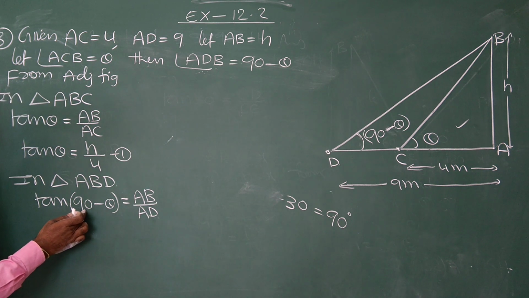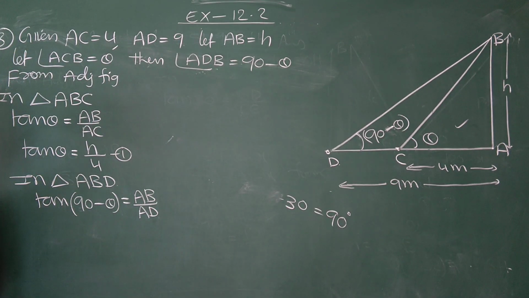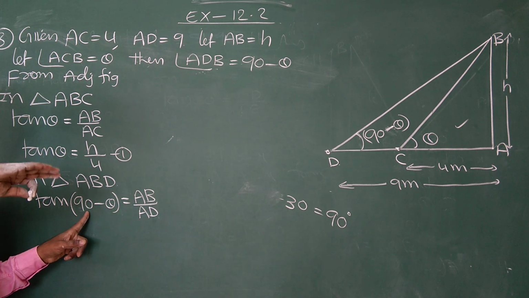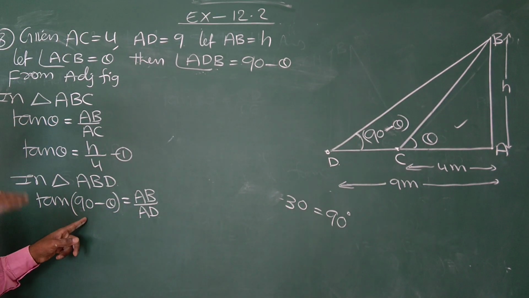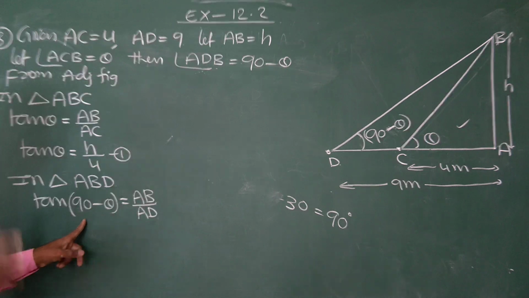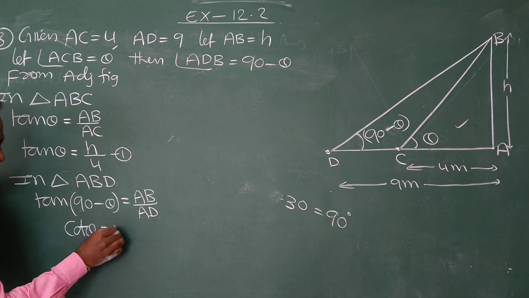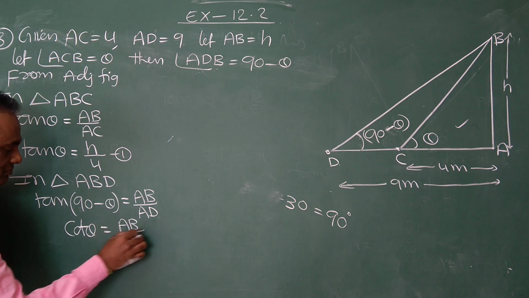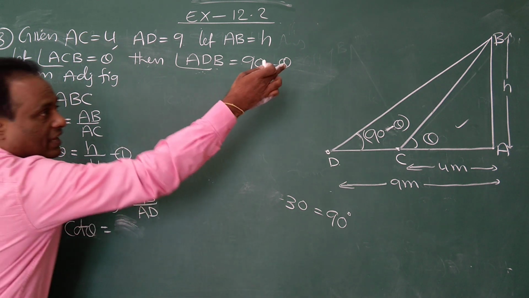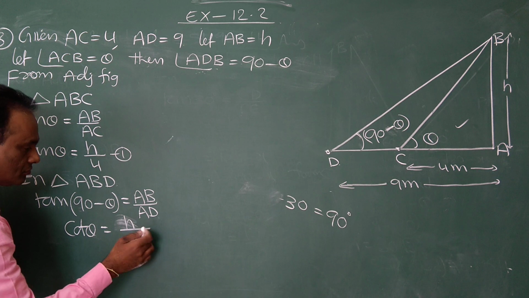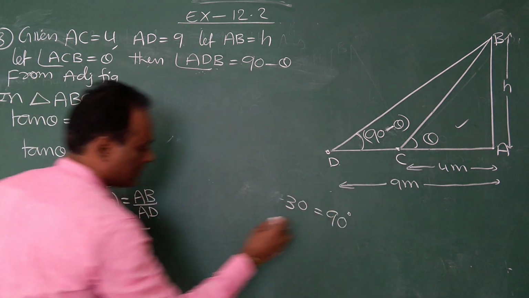For 90 degrees, see the third chapter, trigonometry formulas. For 90 degrees, we will get co. Tan changes to cotangent. Tan 90 minus theta formula is cot theta. AB is h. AD is 9.